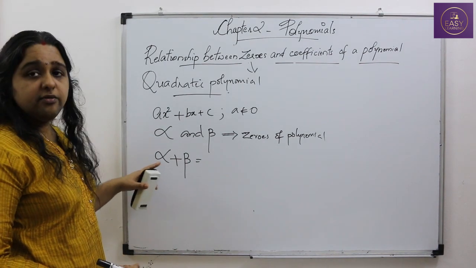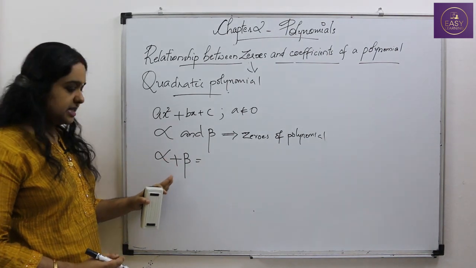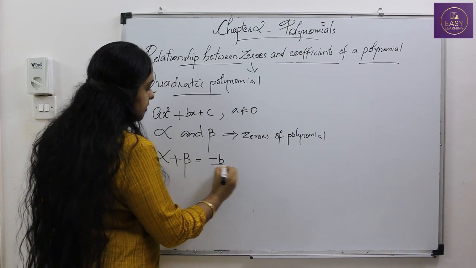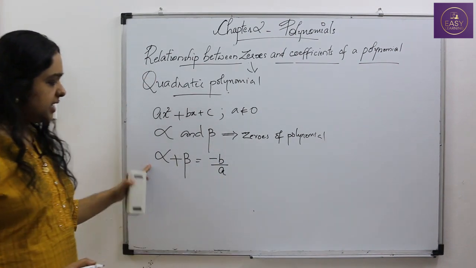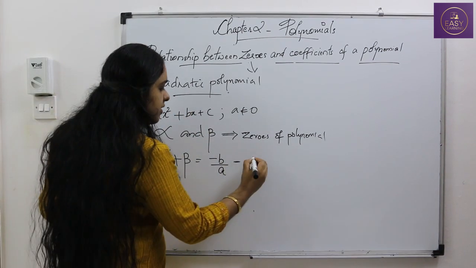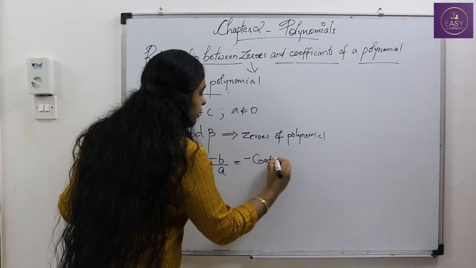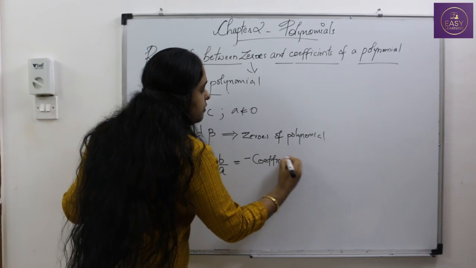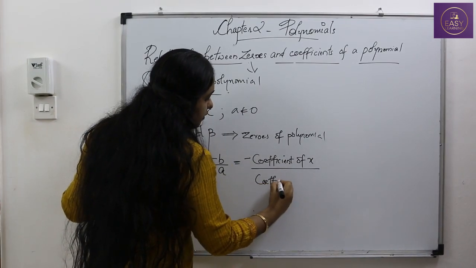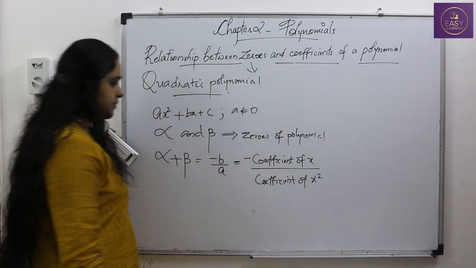Okay, we have one equation: the sum of zeros of the polynomial, alpha plus beta, is equal to minus b by a. Minus b by a means, in general form, minus the coefficient of x by the coefficient of x square.